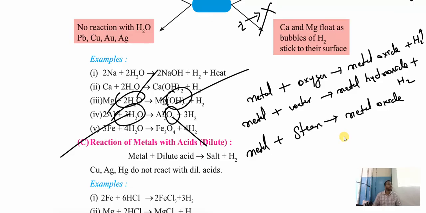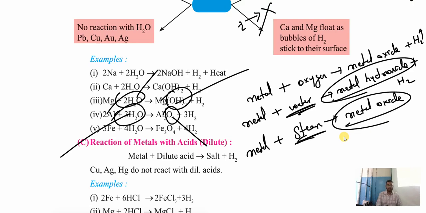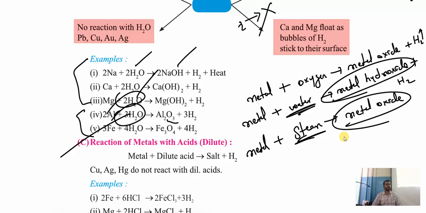Understood? When metal reacts with water, we get metal hydroxide. When metal reacts with steam, it gives metal oxide. The first three are the examples of when metal reacts with water. The next two are the examples of when metal reacts with steam. Since they react with steam, we are getting oxide. Since it is reacting with water, we are getting hydroxide.